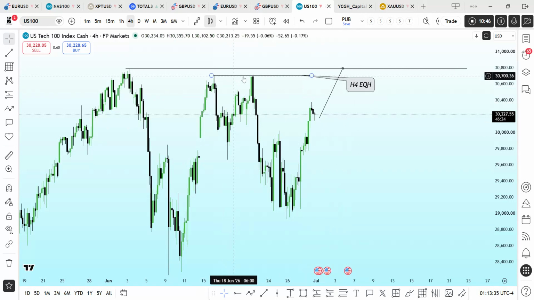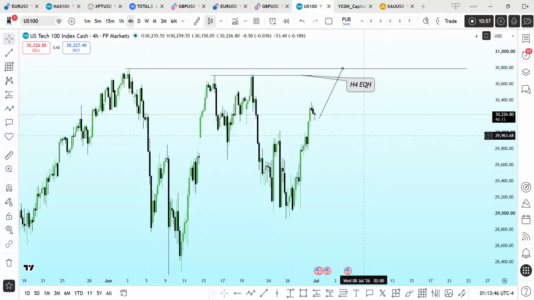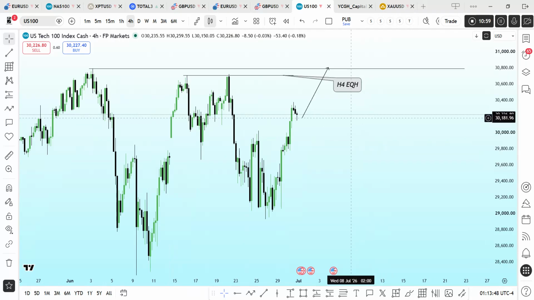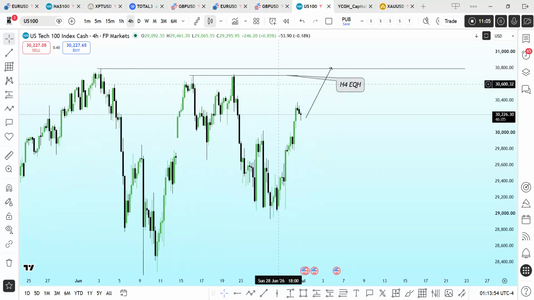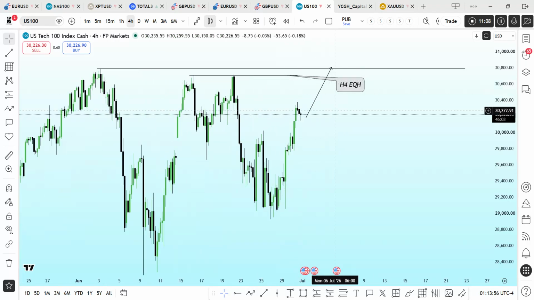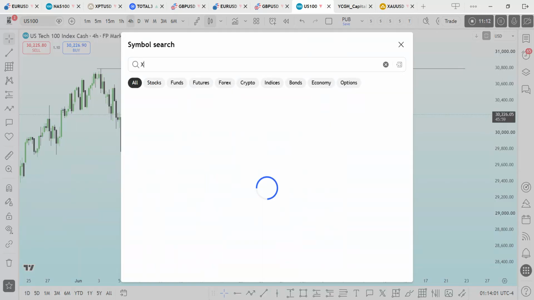Exactly at this high, probably the highest high will make a new high. But till that point, we're bullish. There is no point being bearish right now. I am not seeing enough cues in the market to be bearish. So even though price is making new highs, we are still bullish on Nasdaq and S&P 500, all the index futures. So now let's go for the Shao.